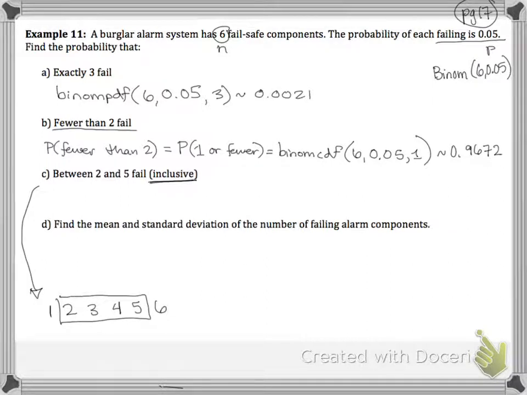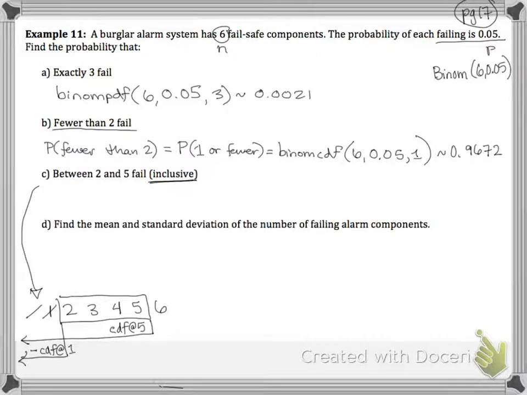Remember that before we had to start at the first thing that is included. So we begin with the CDF at 5. And then remember, we want to remove all the stuff that we don't want, which in this case is 1 and 0. So we will subtract the CDF at 1 so that we take away the 1 and the 0.